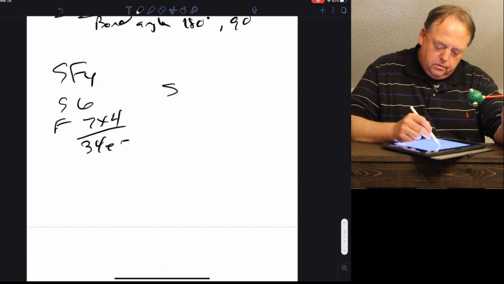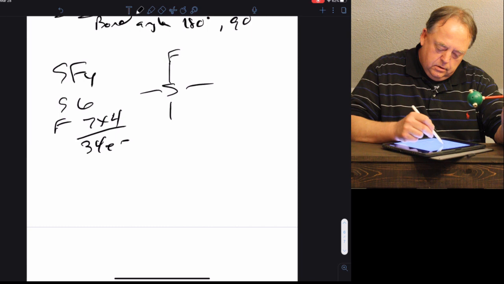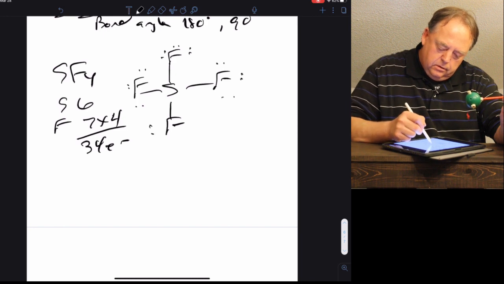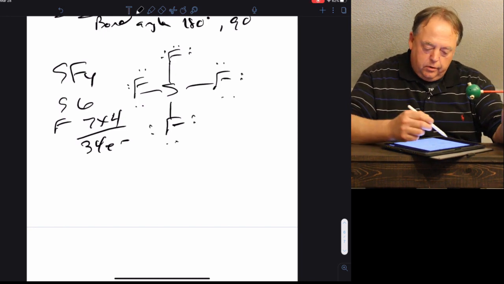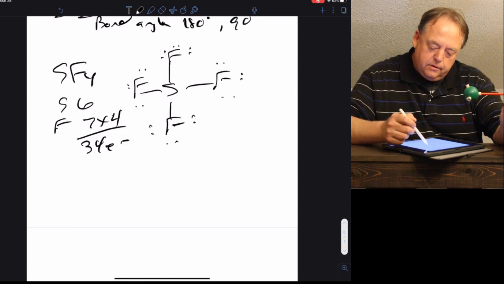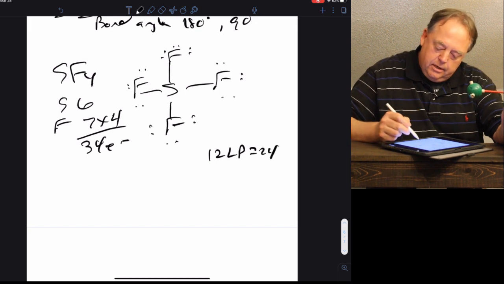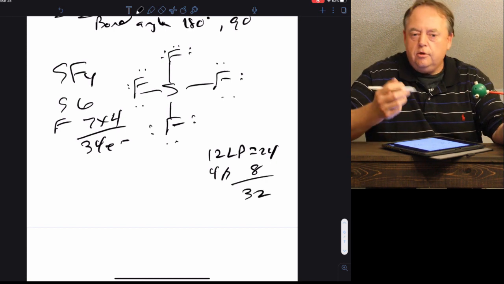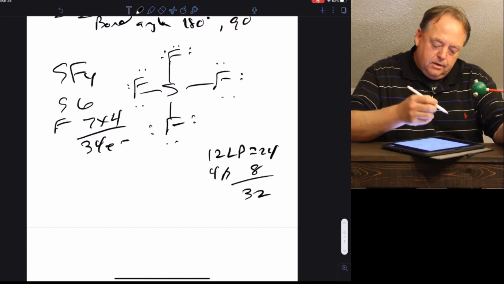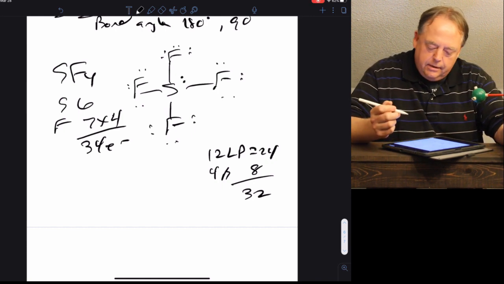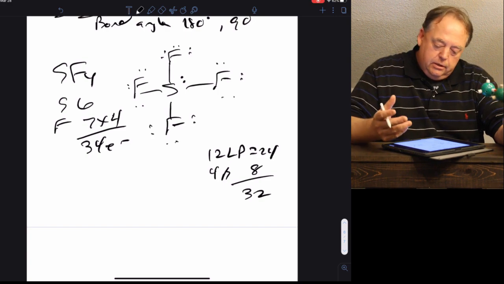So if we put sulfur in the middle, attach the 4 fluorines, give each fluorine 3 lone pairs, that would be 12 lone pairs, which is 24 electrons, and 4 bonds is 8 electrons, so that's 32 electrons. So we need 2 more electrons. Where do they go? Well, sulfur is a 3rd period element, so we can have an expanded octet, so the lone pair can go on sulfur. Now it's 34 electrons. So that would be the Lewis dot structure.